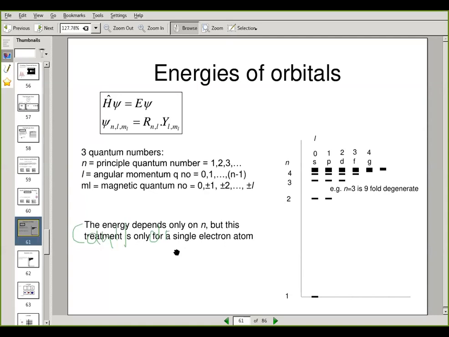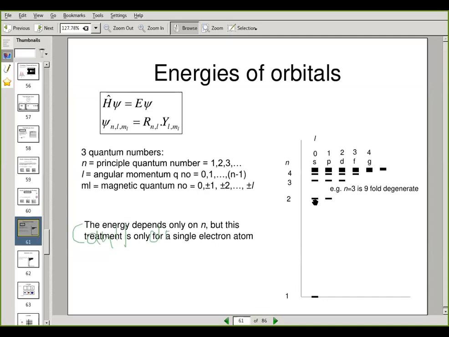Now, if we're looking at the electronic energy levels of the hydrogen atom, the question is how many solutions to the wave function do we have for energy level 1? The answer is we only have 1, so it's one-fold degenerate. But at principal quantum number 2, you've got a choice of angular momentum quantum number 0 or 1. So already you've got 2 possibilities with the same energy.